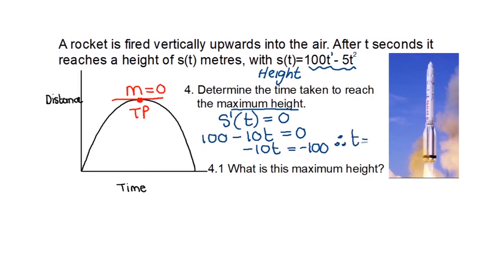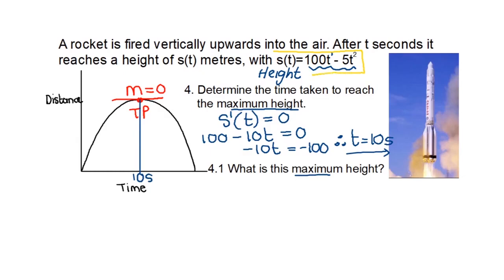So the maximum height will be reached after 10 seconds. So at this stage I can say, there, at 10 seconds, the maximum height will be reached. Now, if the next question is, so what is this maximum height? The maximum height, well, I've got a formula describing height.